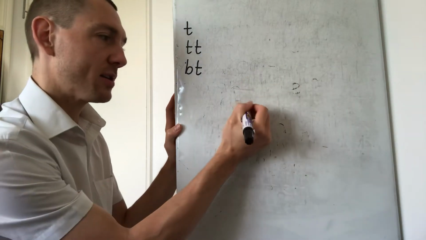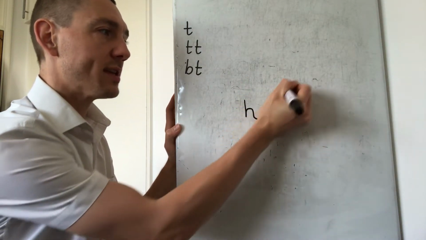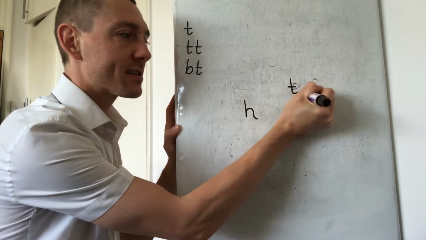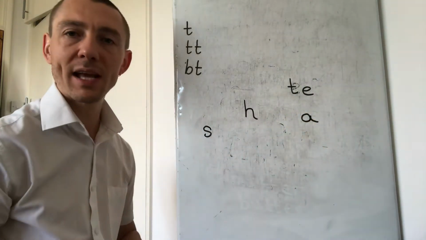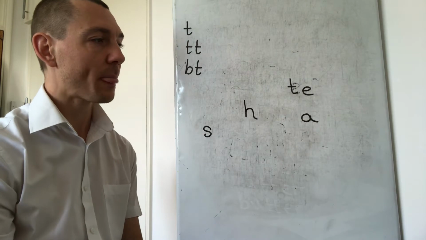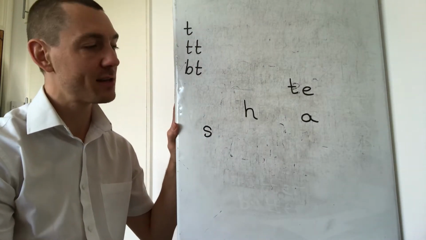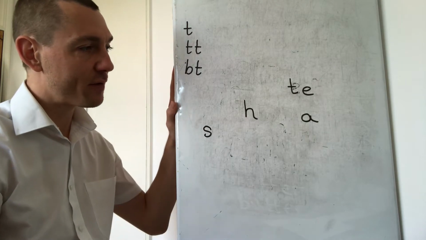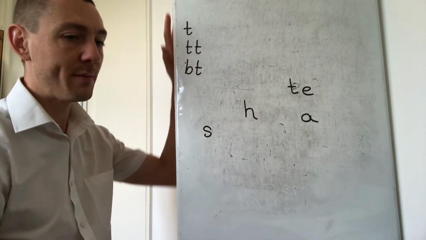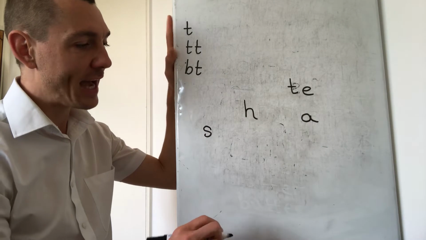Let's have the next word, okay. The word is haste. Haste. Haste means speed. So to move with haste is to move quickly. Okay, over to you. Pause if you need more time, and let's come back together. Haste.